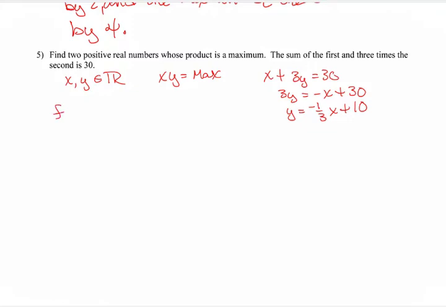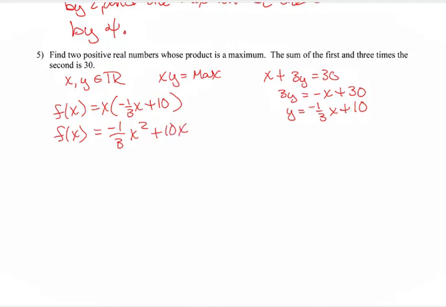So then f of x equals x times minus 1/3 x plus 10. So f of x equals minus 1/3 x squared plus 10x.